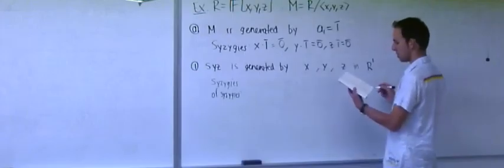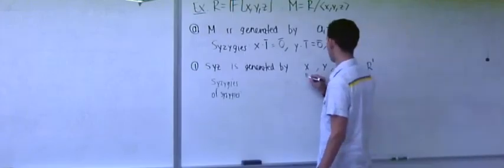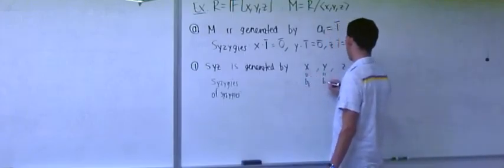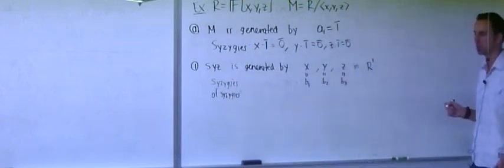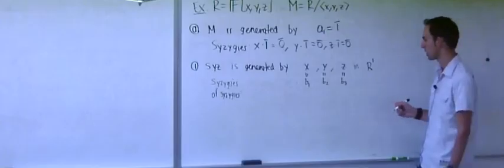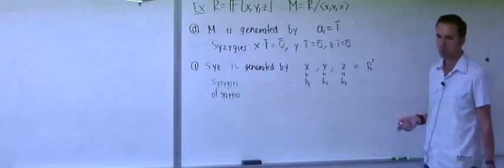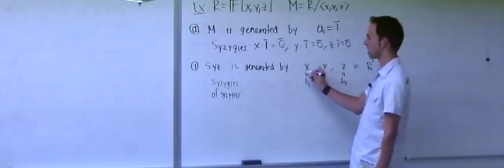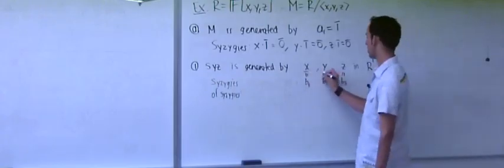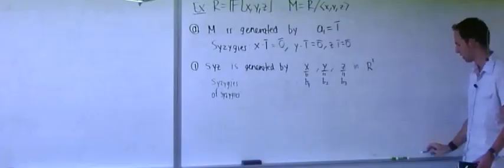So can you tell me, let's call them B1, B2, and B3, what are some linear relations between B1, B2, and B3? Well, to start with, we have the basic ones, right? Take the leading terms. Leading term, leading term, leading term. That's kind of boring. Okay?